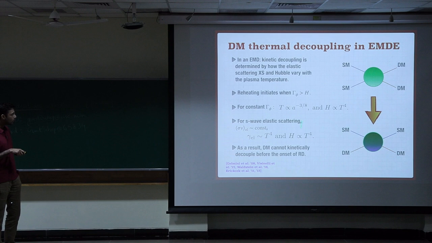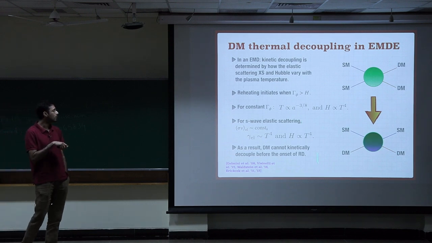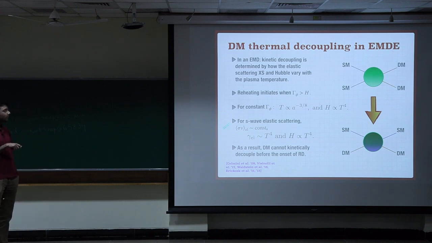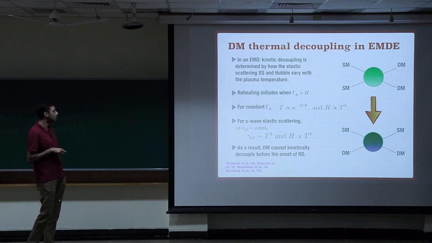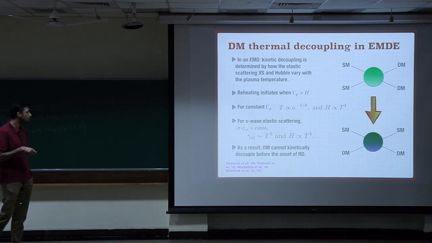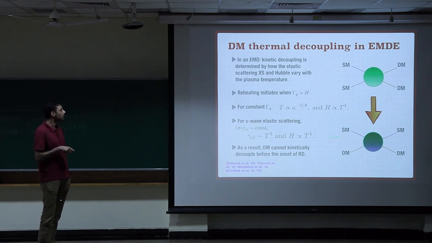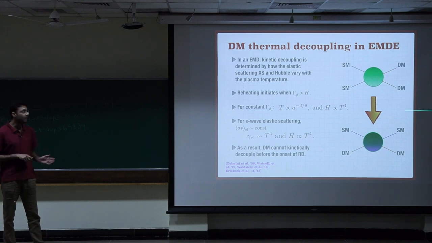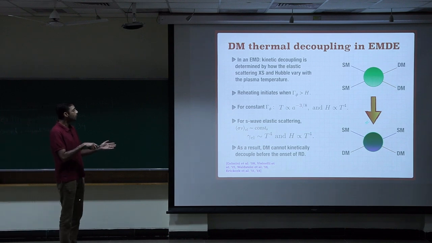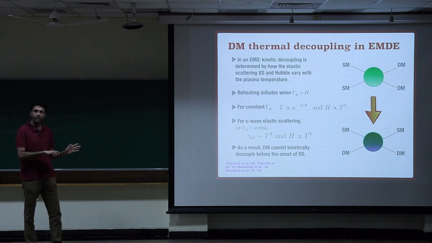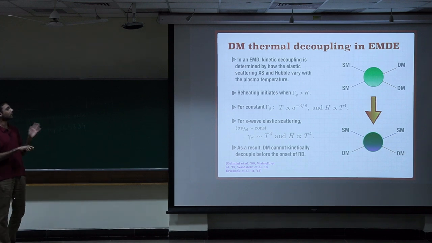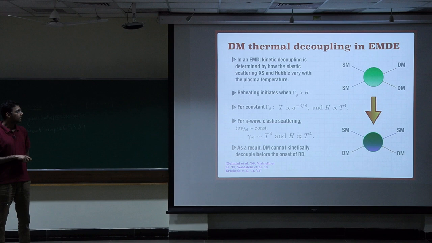So first, at some temperature, one achieves the chemical decoupling. Below that, one needs to assume the channel via which the elastic scattering of the standard model proceeds. If the elastic scattering proceeds via an S wave, so that sigma v elastic is constant, then the momentum transfer rate in the elastic scattering and the Hubble rate both scale as T to the power 4. So this process is always there as long as the metastable field is there, because both scalings are the same.